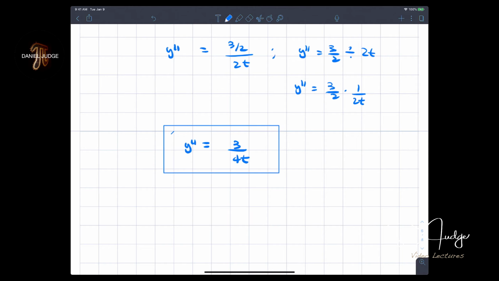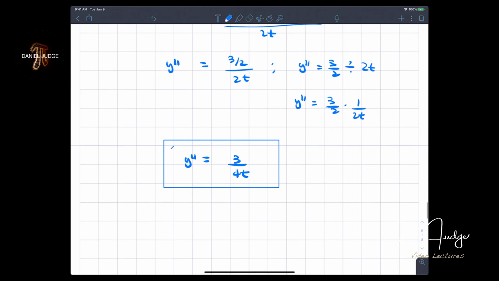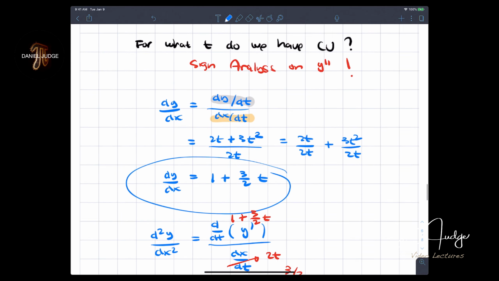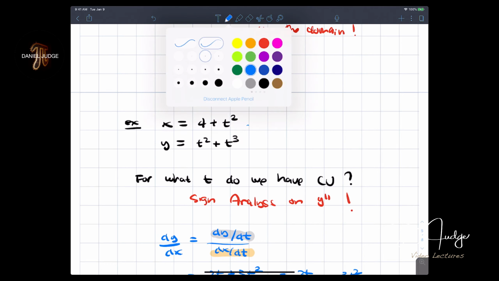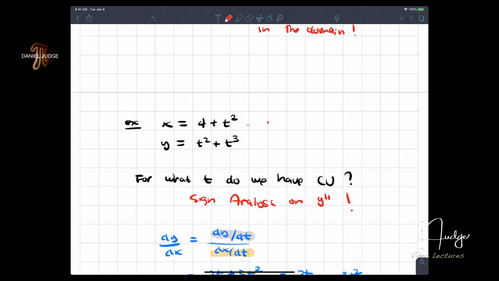Okay, here's the second derivative function. Now, if you remember, since we're going to do sign analysis here, what's the domain on this parametric? They didn't restrict a domain or give us values of t, so we have to remember, what's the domain here? t is any real number, because these are nice polynomial functions, and they're defined for any real number.